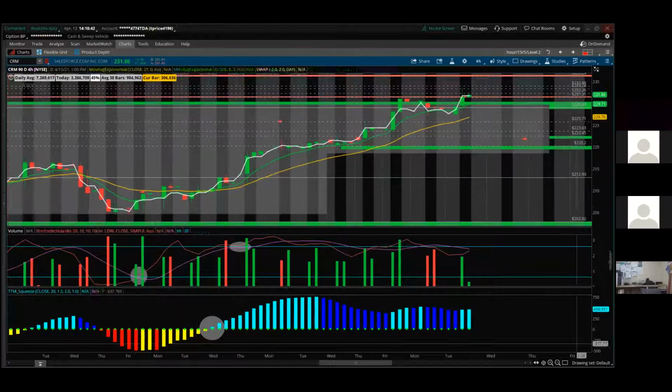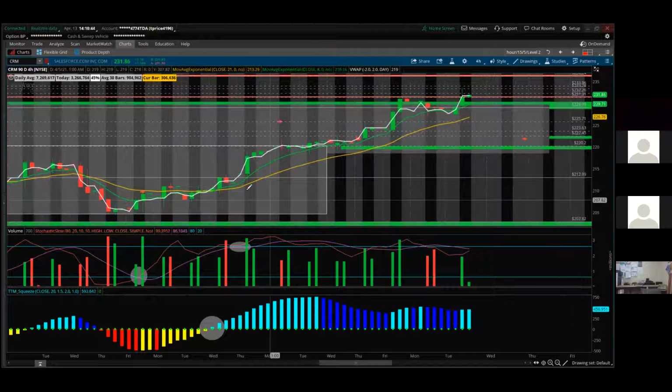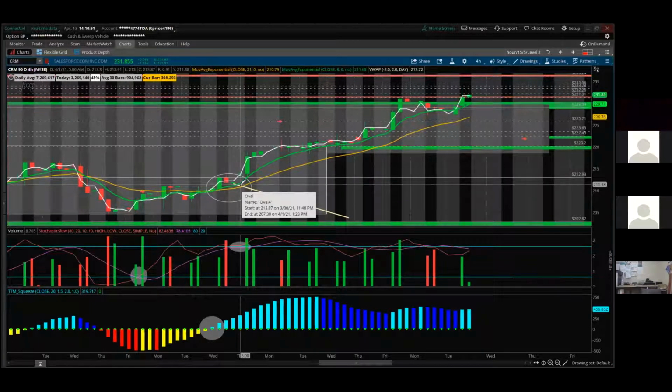If you got in here, this price could have gone down to here, right? You have no idea. You could have bought heavy just because you had one confirmation with the TTM squeeze, didn't look at the volume, the EMAs, the price action, or the stochastics, and just got in only because of the TTM. You could lose a lot of money if you're being really heavy.